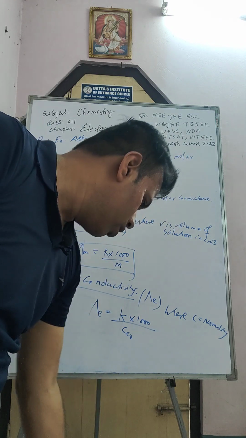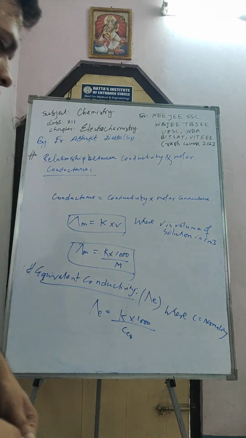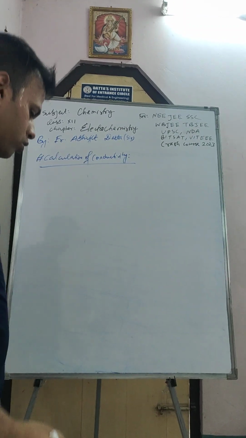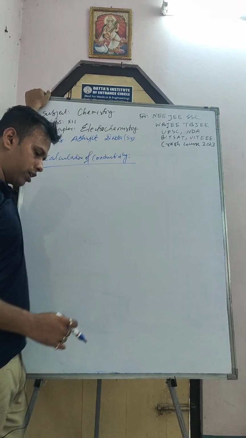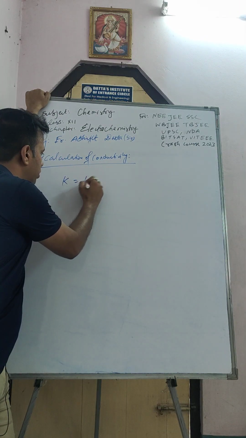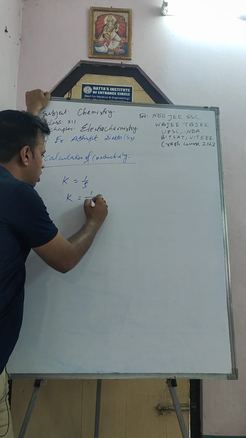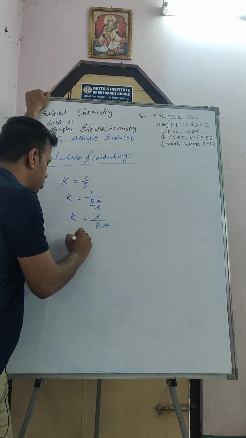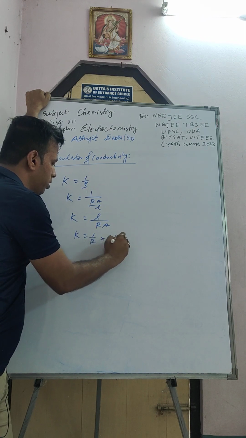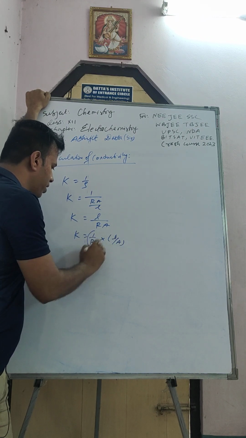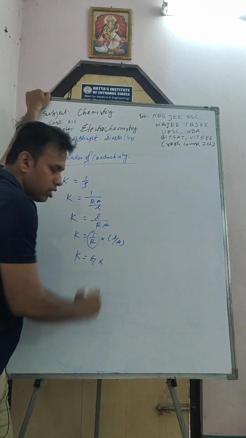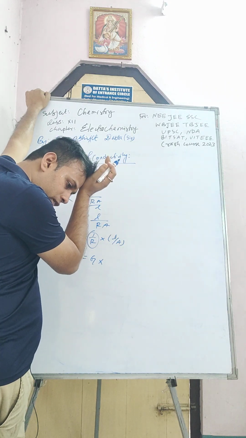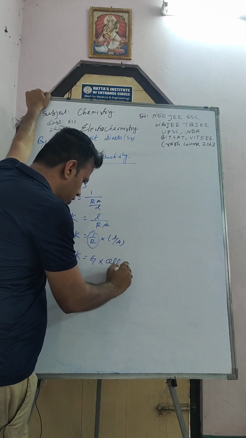Now we will study how to calculate conductivity. K equal to 1 by rho, and rho is RA by L. So K equal to L by RA, so K equal to 1 by R into L by A. Here 1 by R is G, conductance, is it not? And L by A is known as cell constant.